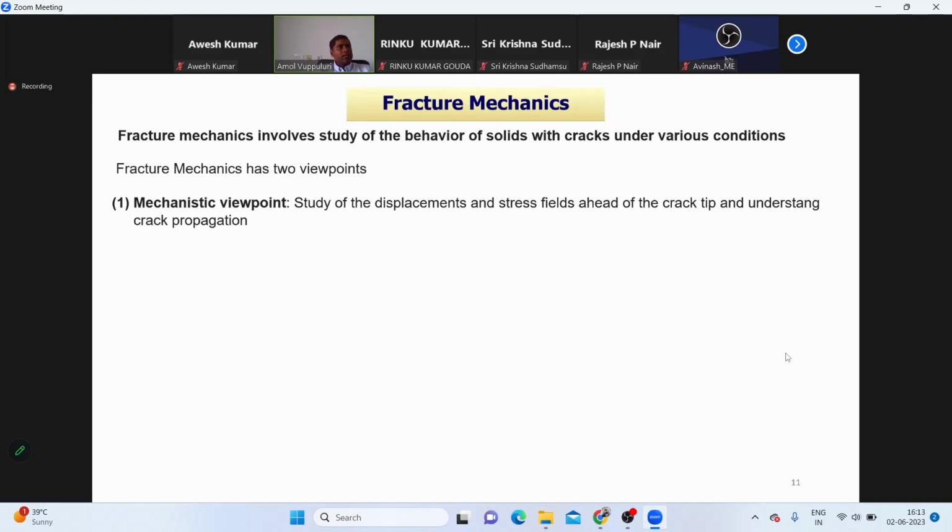It primarily involves the stresses and displacements in the body with the crack, and how those stresses and displacements are going to cause the crack to start propagating in a particular direction. So we don't care about what the microstructure of the material looks like. We only care about how the domain of interest has the displacement and stress distribution, and how it is going to lead a crack to propagate in a particular direction. So this is the mechanistic viewpoint.